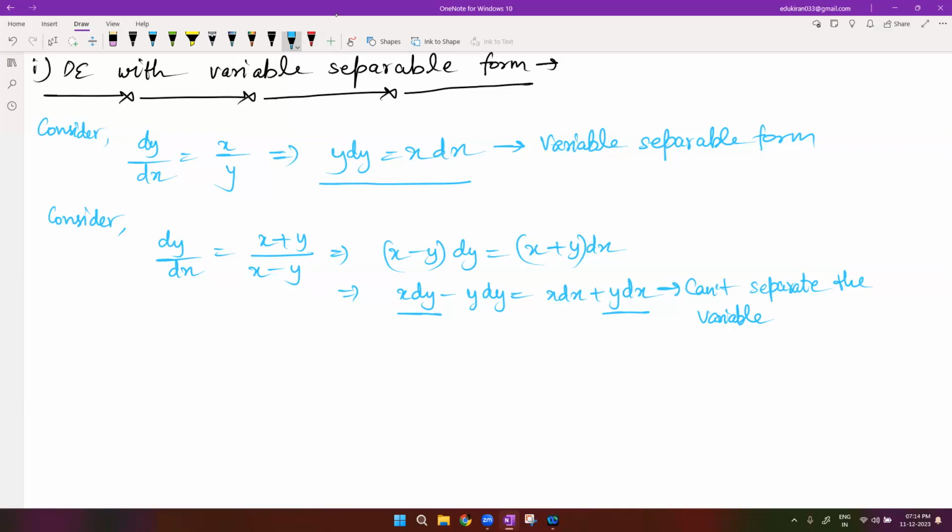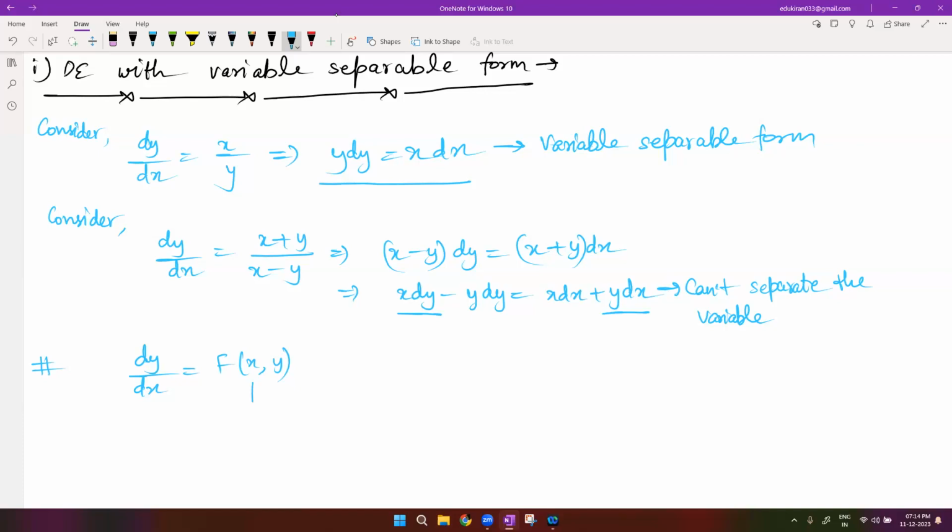But before that, let's first talk about the general equations of variable separable. Generally, a variable separable equation will look like this. One side there will be dy by dx, and on the other side there will be a function which contains x and y.